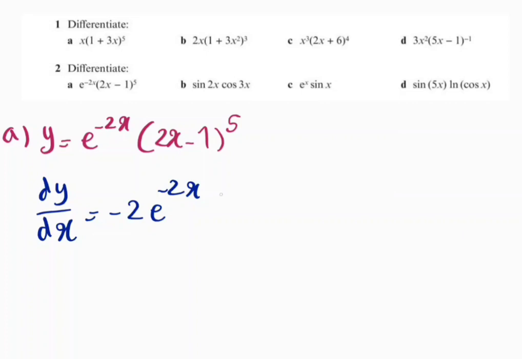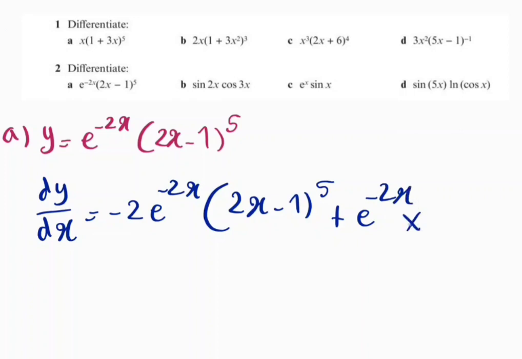Then this times (2x minus 1) to the power of 5, plus e to the minus 2x times 5 times the derivative of inside, which is 2, times (2x minus 1) to the power of 4.